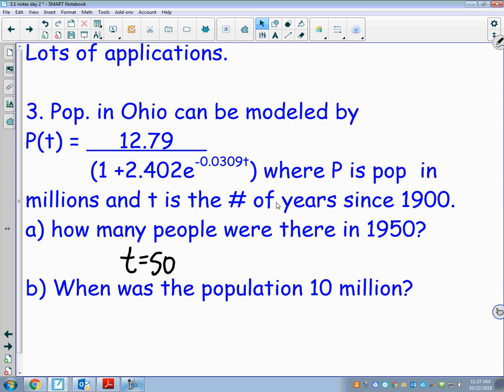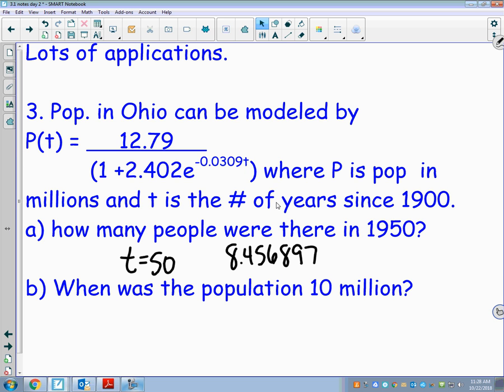So I'm going to divide by 1 plus 2.402 times e to the negative 0.0309 times 50. And I get 8.45689.